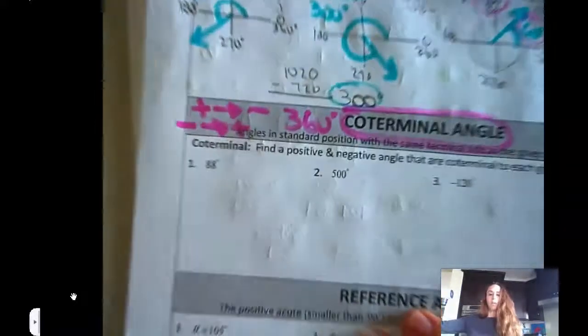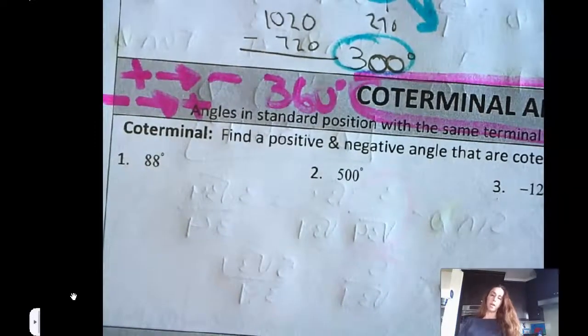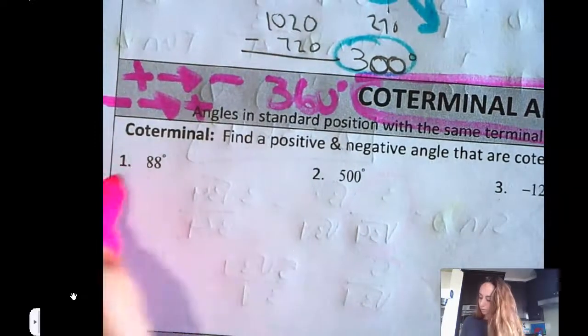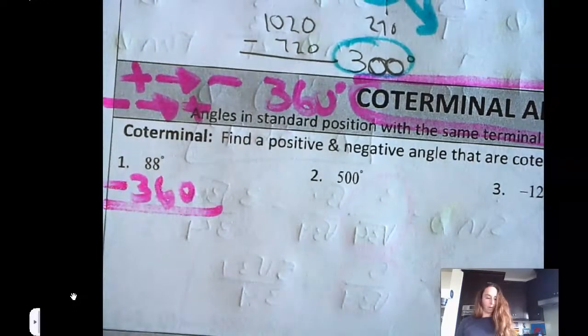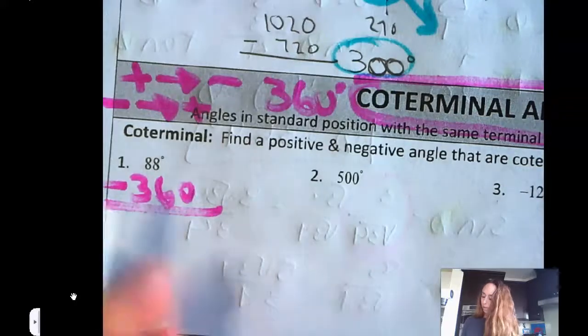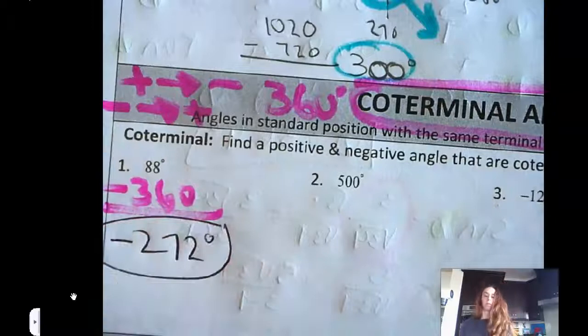So if I ask for the coterminal angle of 88 degrees, I'm asking for the negative version because this one's positive. So I subtract 360, and my brain is not feeling very smart right now, so hold on. Some of you already got it. Okay, and I get negative 272, and that's my answer.